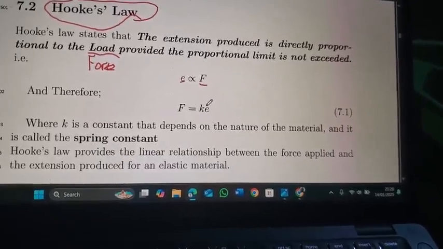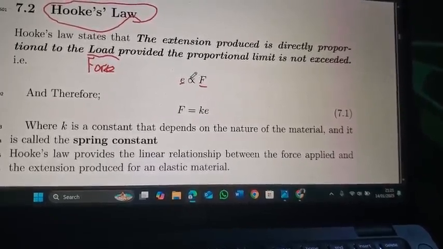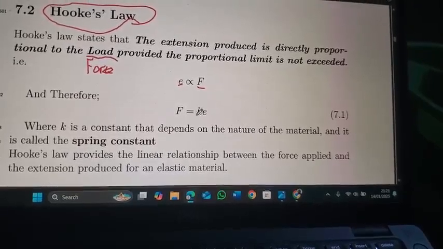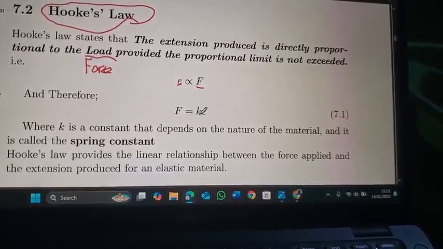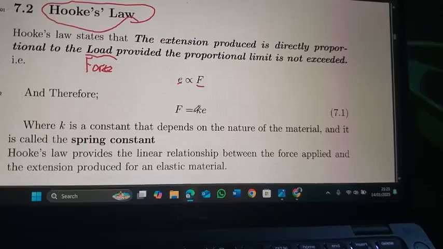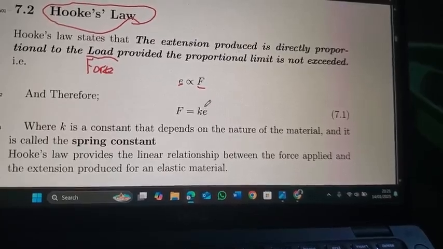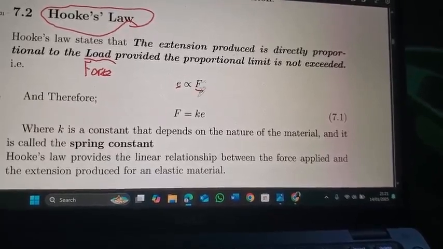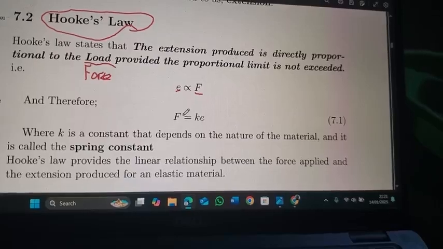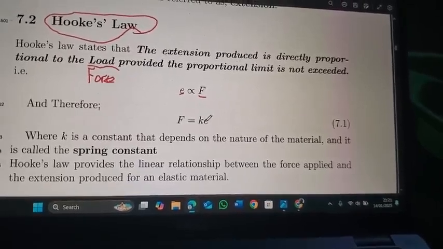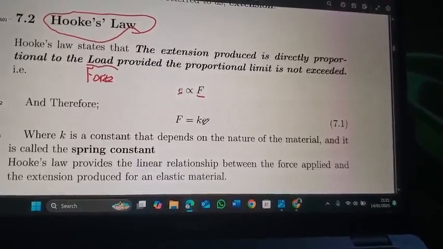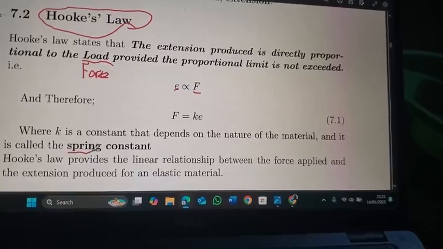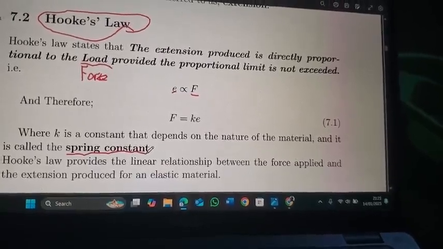So using math, if we remove this sign of proportionality, we have to replace it by a proportionality constant, which is represented in this PDF by this K. So when you remove this and you swap it over, you have to begin with F. F will now be equal to KE, where K is the proportionality constant, which we are going to call later the spring constant.